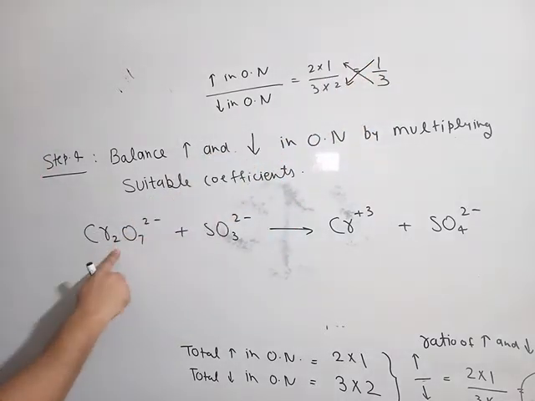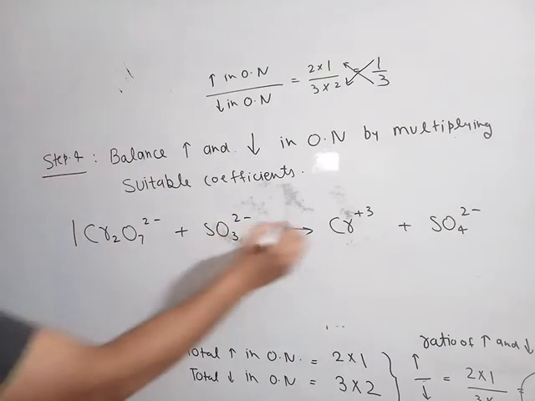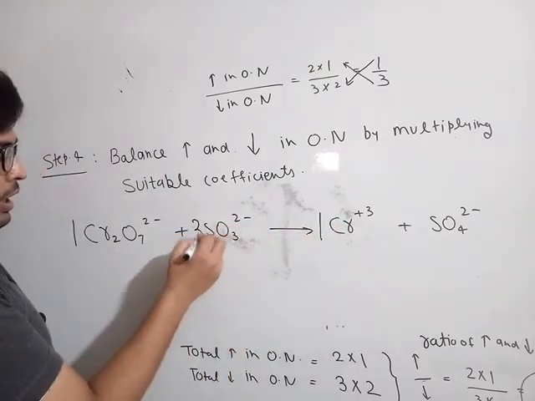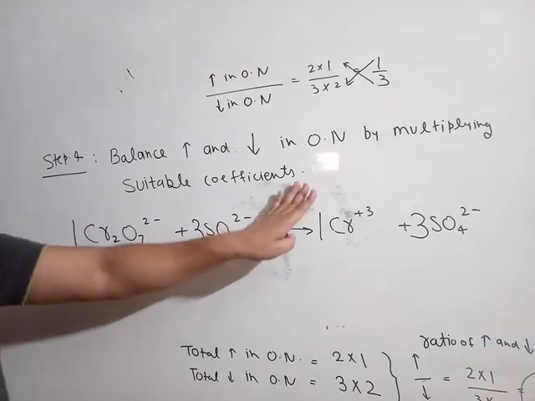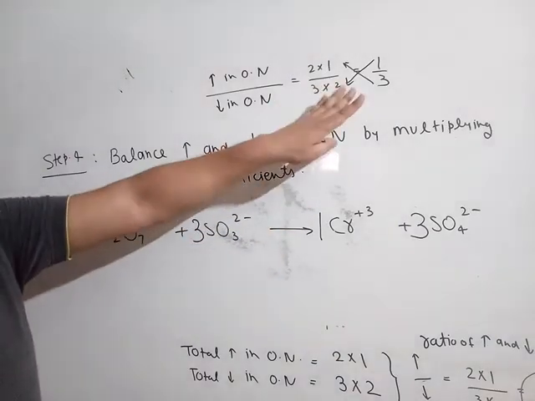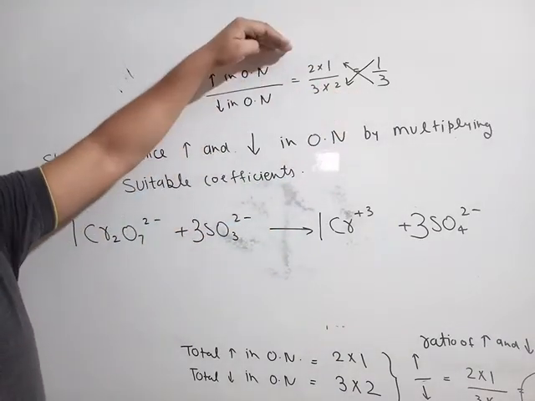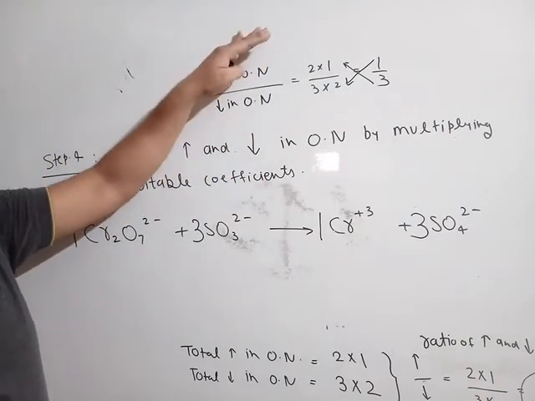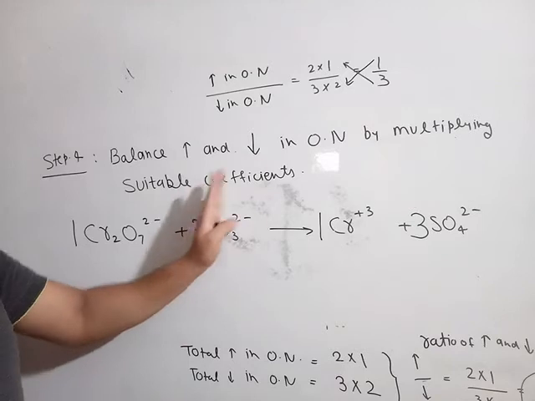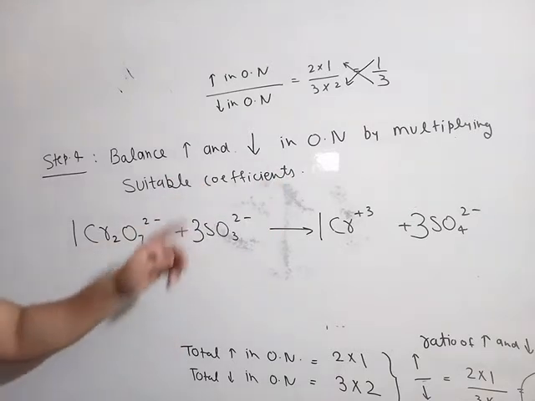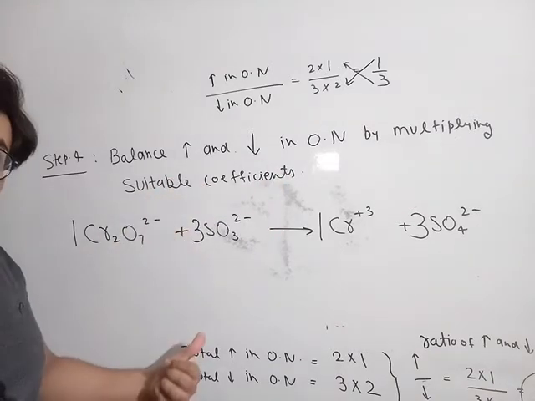We'll multiply by 1 over here and 3 over here to balance the increase and decrease. So we cross multiply by the coefficients. First we take the ratio of increase and decrease, then we cross multiply to balance the oxidation number, and we'll move to the next step.